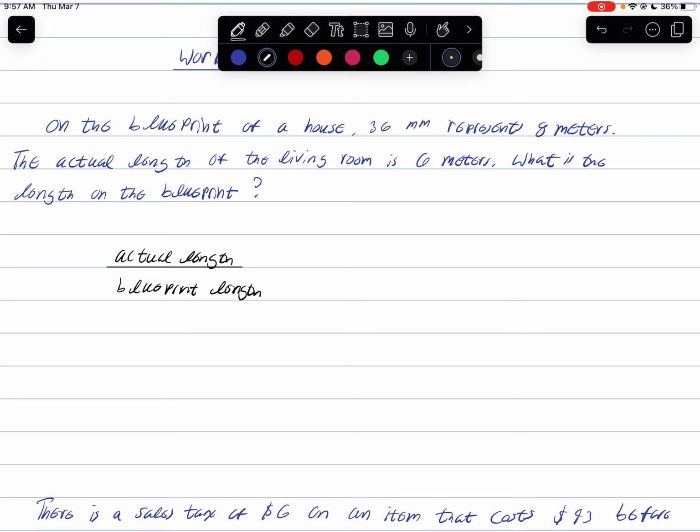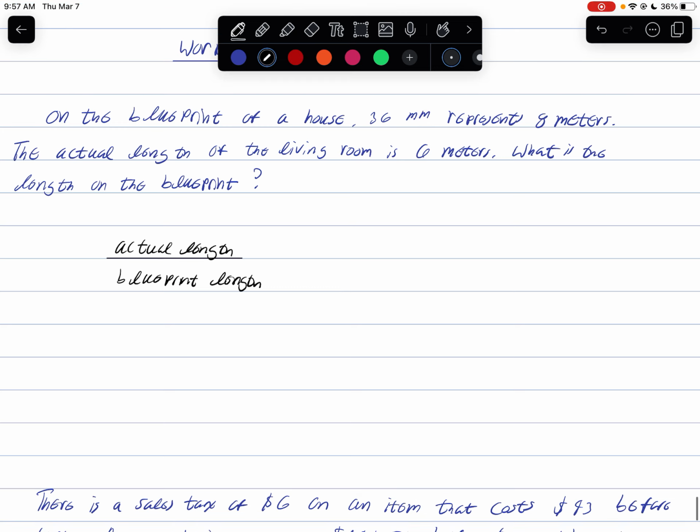We're assuming that there's some kind of constant, predictable relationship between the actual length and the blueprint length. So we can leverage this ratio to figure out what the blueprint length is here, if we have the actual length of the living room being 6 meters.